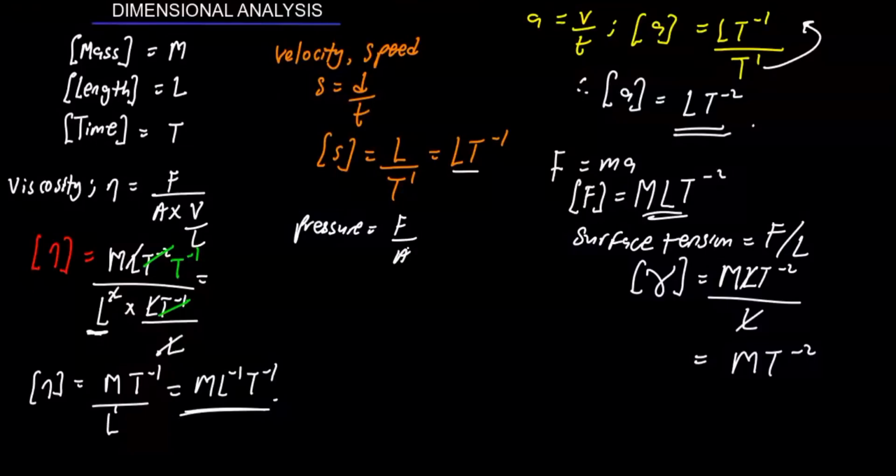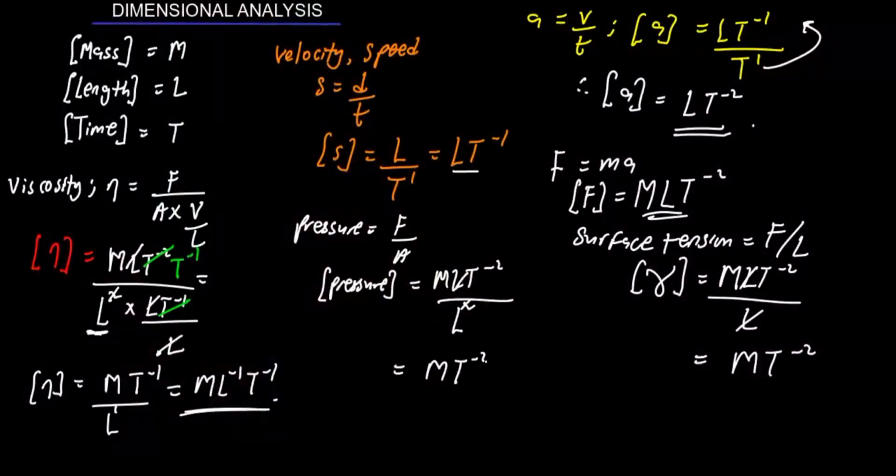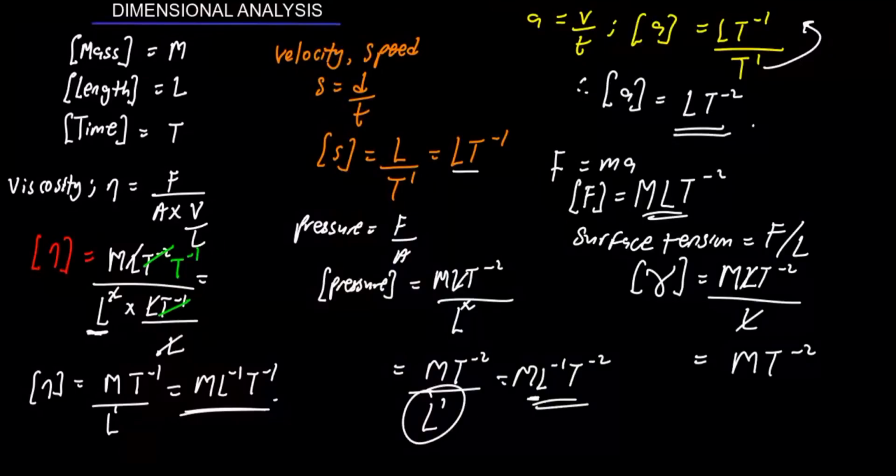And if you look at the dimension of pressure, I have MLT to the minus 2, which is for the force, over area, which is L squared. This will take care of this. So we're having the dimension equal to MT to the minus 2 over L to the power of 1. If you check it out, when it comes up, it becomes something like this. And that's the dimension for pressure.